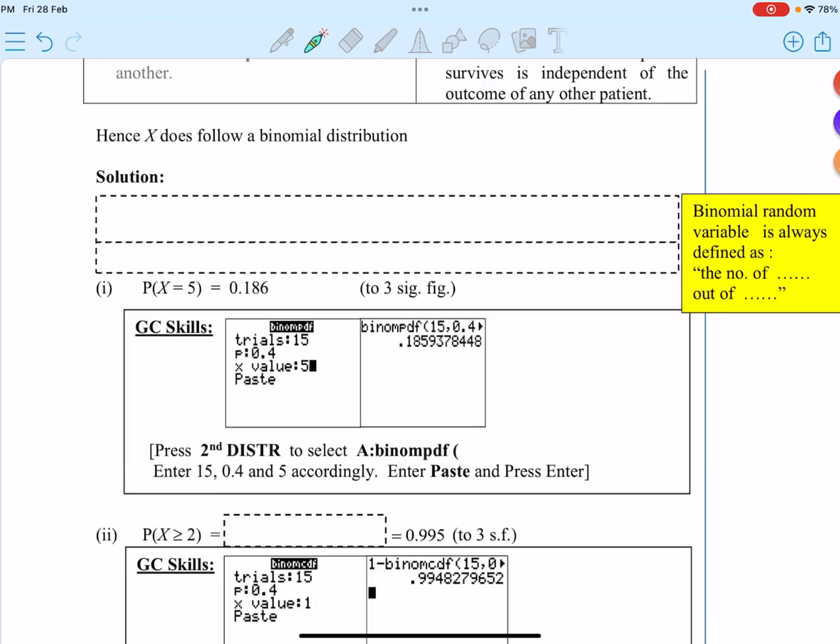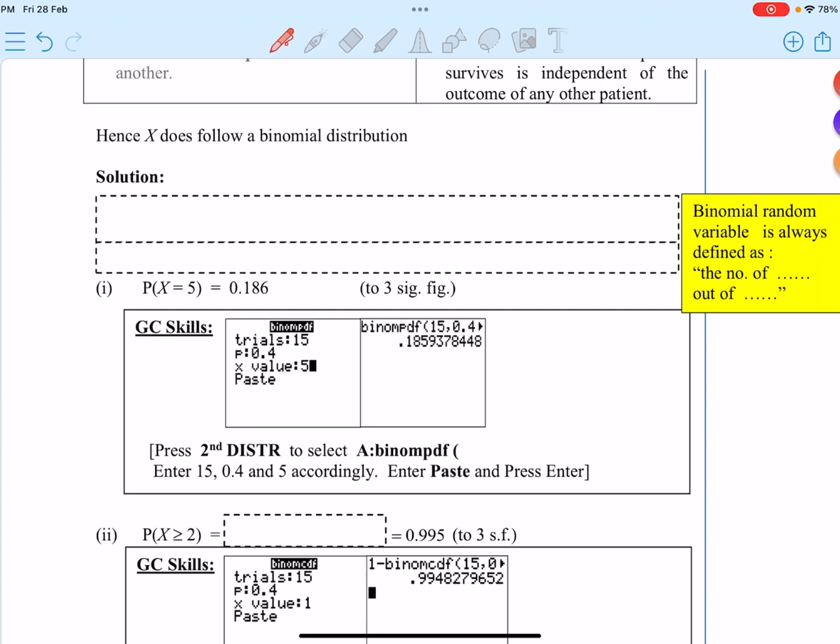Based on the earlier discussion, we know that binomial model is a suitable model for the random variable. So how do we define the random variable for a binomial distribution? If you look here, the binomial random variable is always defined as the number of something out of something.